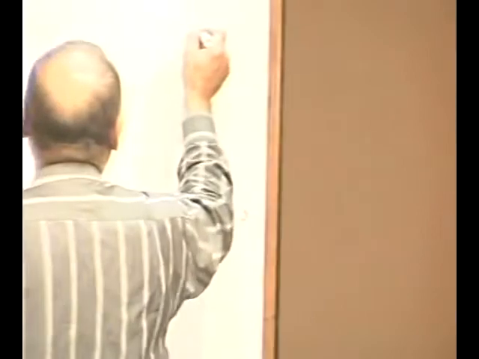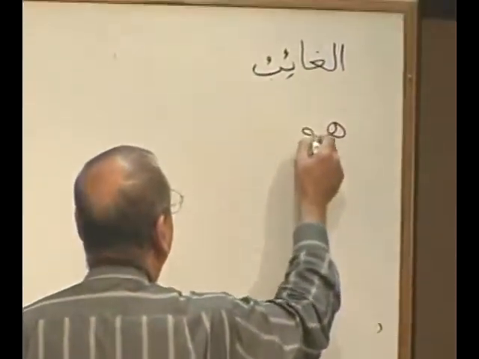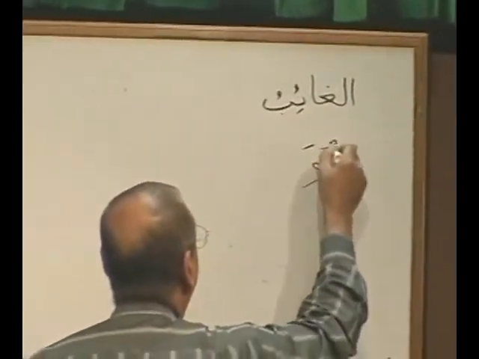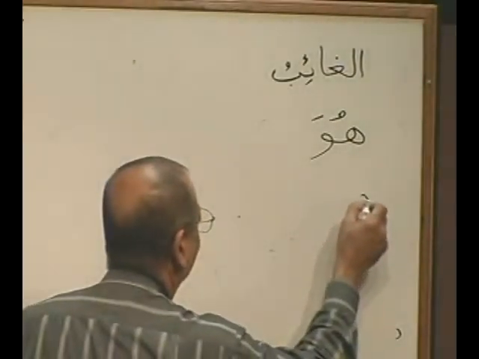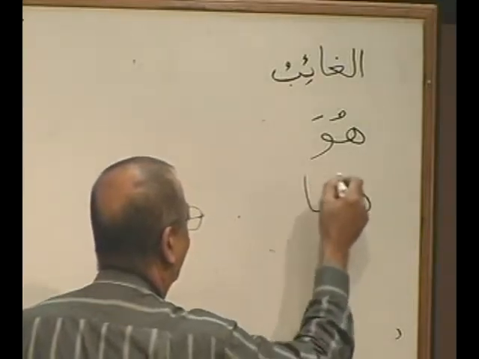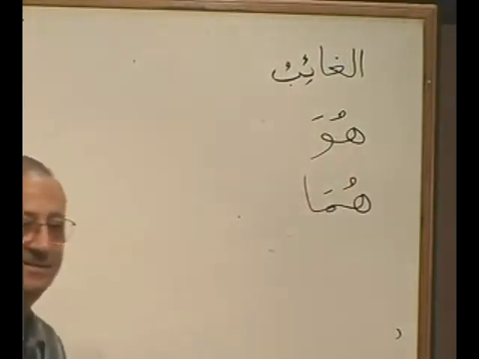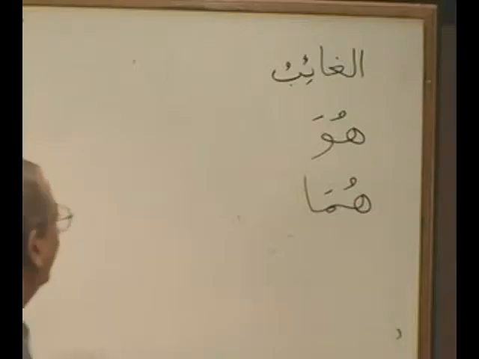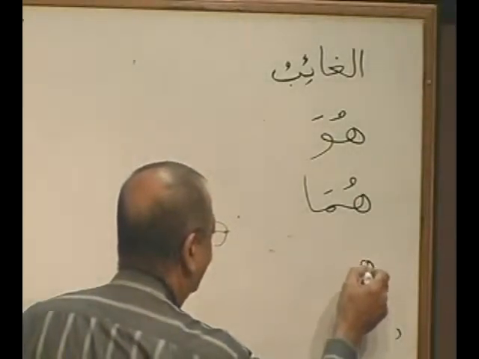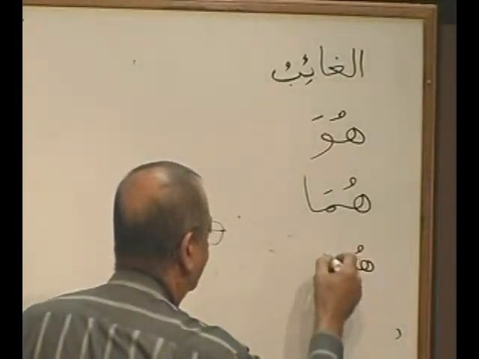We start with singular. What is the singular, brother? What is it, brothers and sisters? Huwa. What is the next one? Dual. Huma. And what is plural, brothers and sisters? Hum.